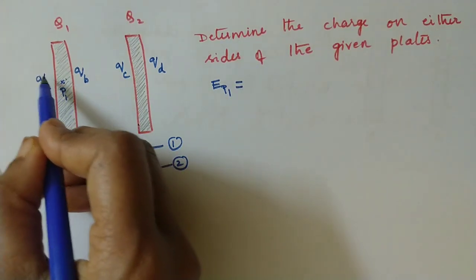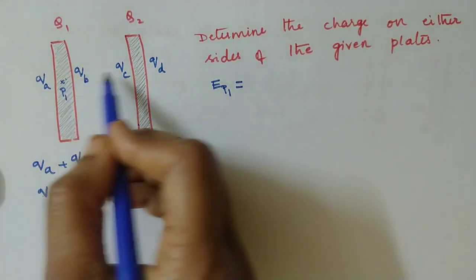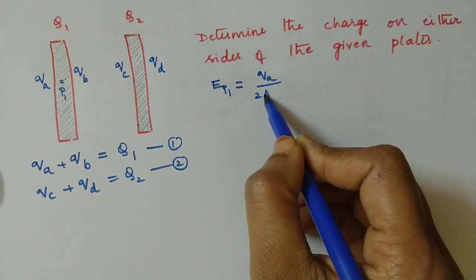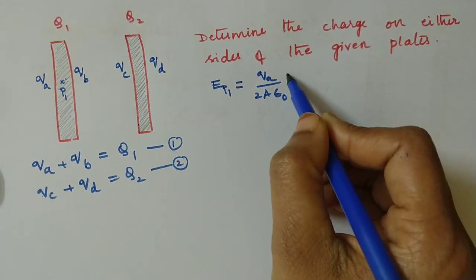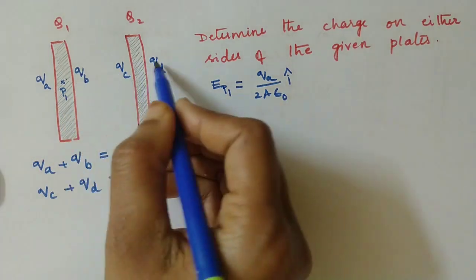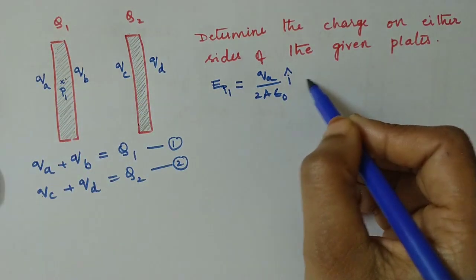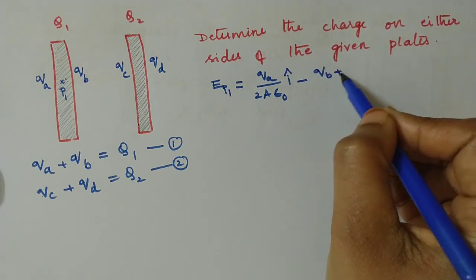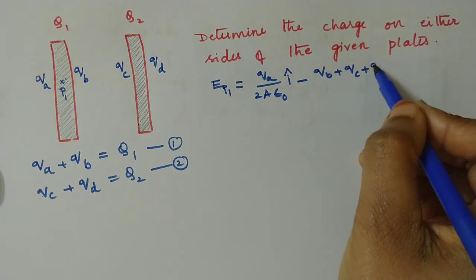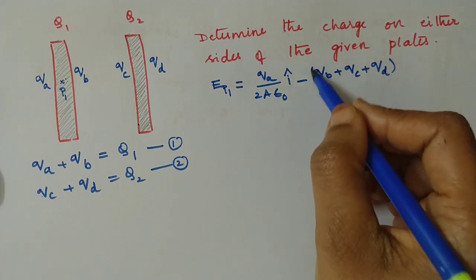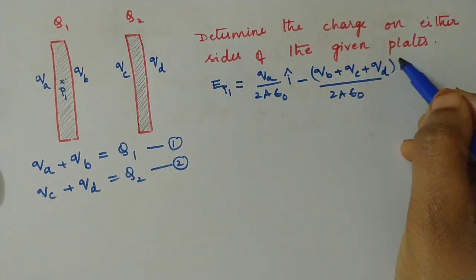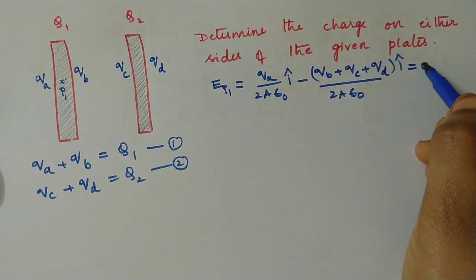Field produced by the charge QA will be away from it, so QA by 2A epsilon naught I cap. Whereas all these fields will act in the opposite direction, so I will write it in a single statement. Minus of QB plus QC plus QD by 2A epsilon naught into I cap must become 0.